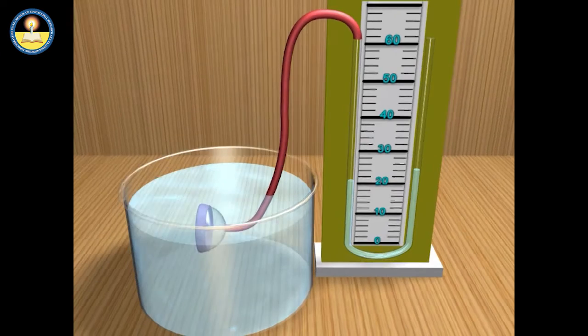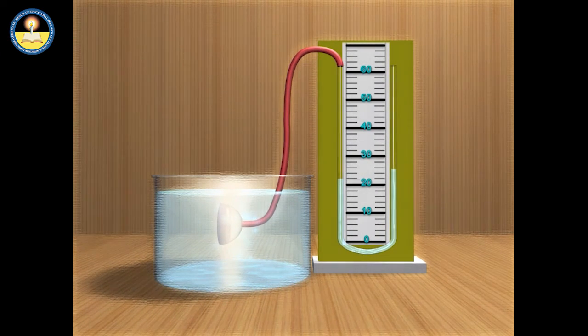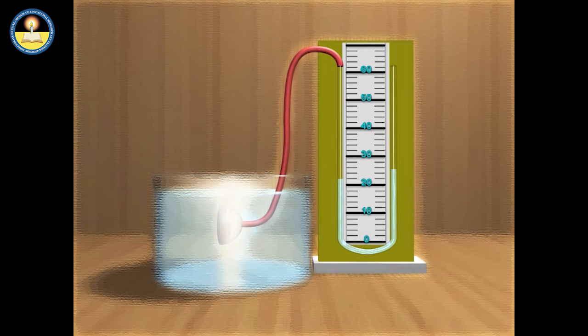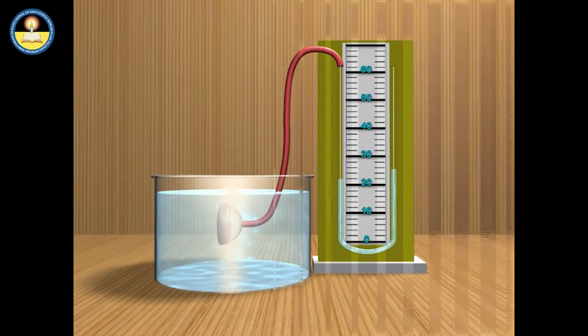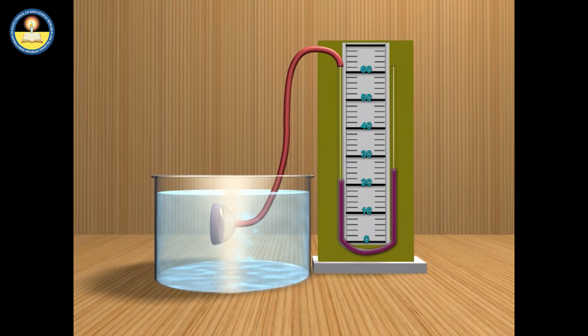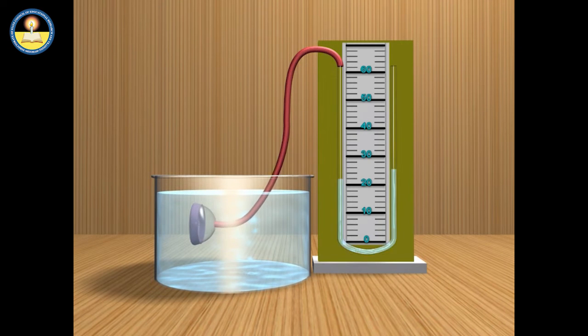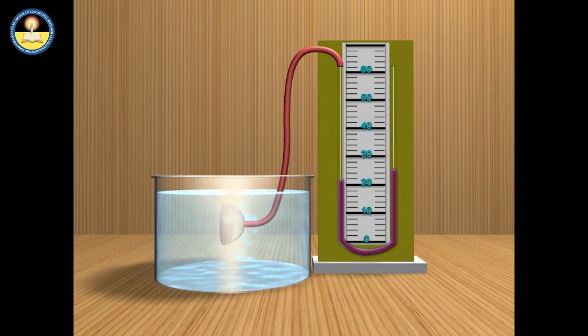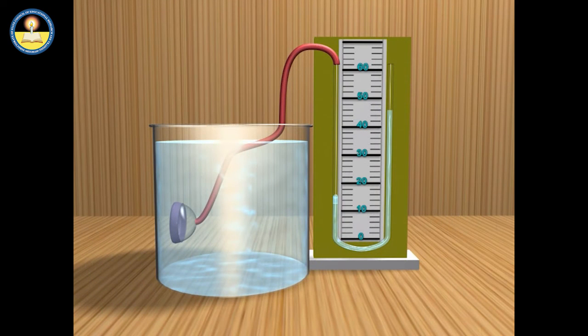It can be seen when we insert a manometer in a beaker filled with water at a fixed depth and move the funnel back and forth, the manometer pressure comes out to be uniform. This indicates that at the same depth inside a liquid, the pressure remains the same.